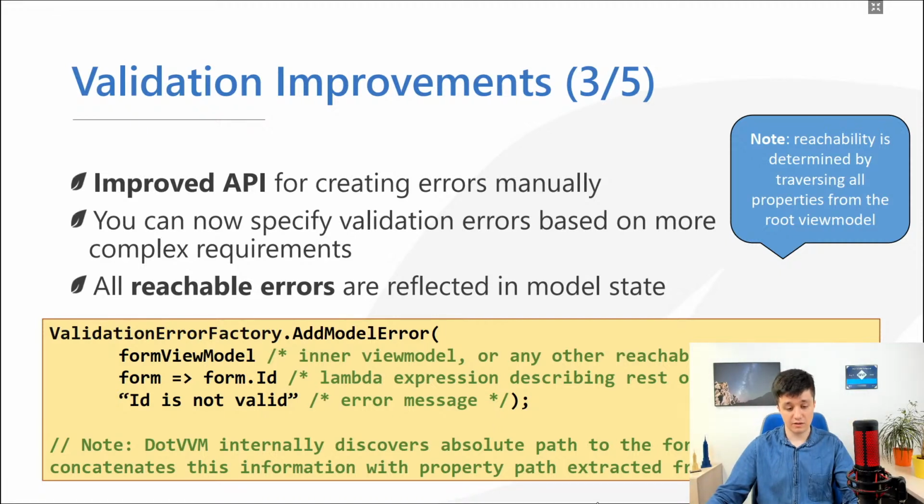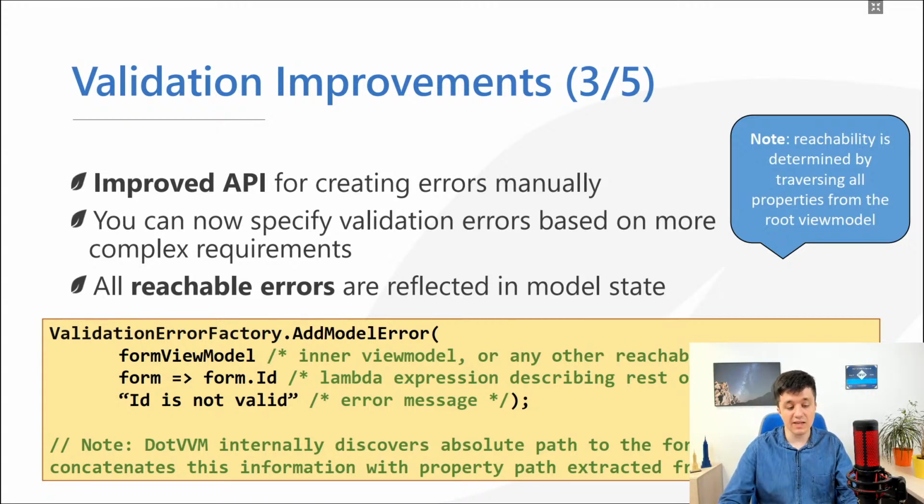So this is just a single example, but there are many other overloads, simpler ones and also a bit more complex ones, so that you can express many errors with ease. And basically we think that we covered all possible use cases with this new API that we introduced.